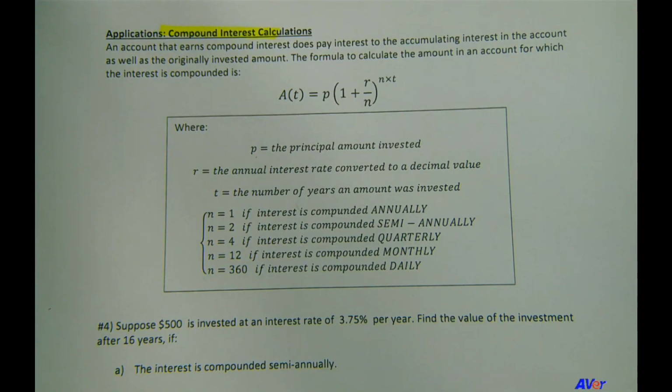So compound interest is a much more rapidly increasing account than a simple interest account, right? Because the simple interest account doesn't give you interest on interest. It just gives you interest on the principal. But the compound interest gives you interest on interest plus the principal. Okay? All right. So here's the formula for it.